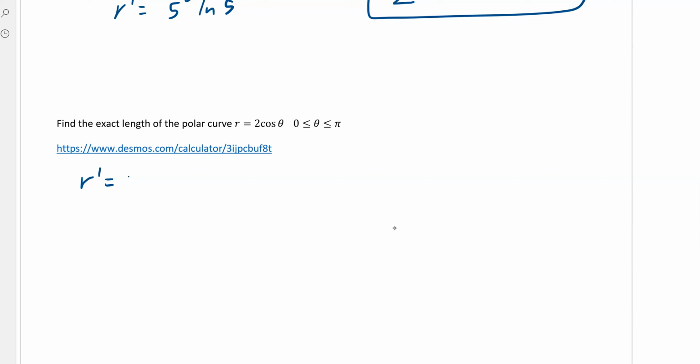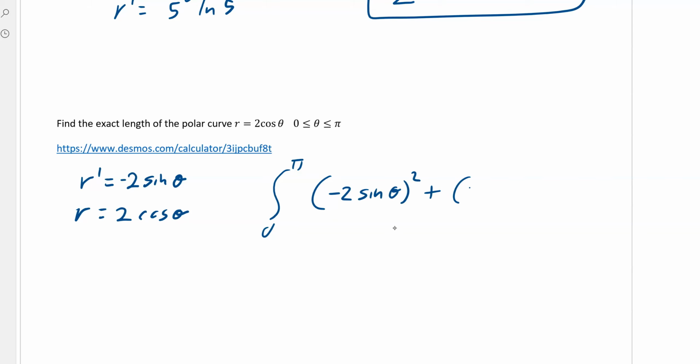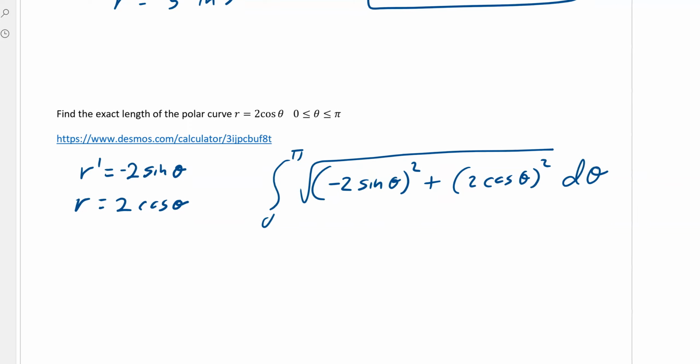So that would become -2 sine theta. And we know our r is 2 cosine theta. So now when we place it in our integral, we go from 0 to pi, square root of -2 sine theta squared plus 2 cosine theta squared. Doesn't matter who comes first. d theta, and that will give us our arc length.